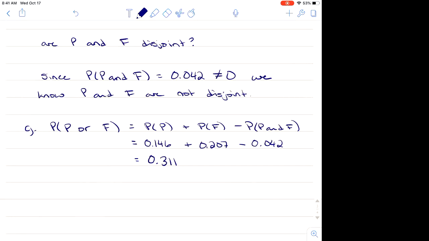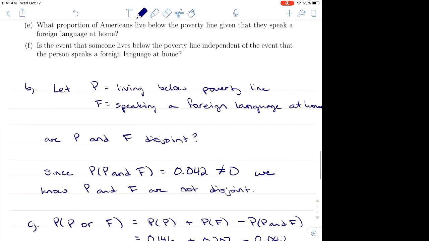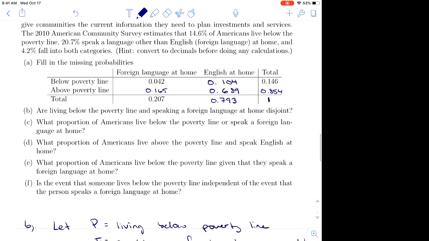If you really don't like using the formulas, right, the formulas are there just to make things easier, right? If you don't like using them, then you can talk your way through what you're doing here, right? You could say, okay, since I know that the probability of living below the poverty line is 0.146, and I know the probability of speaking a foreign language at home is 0.207, right?